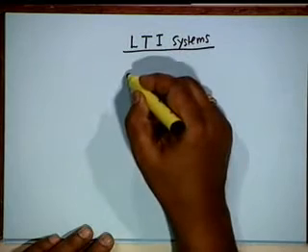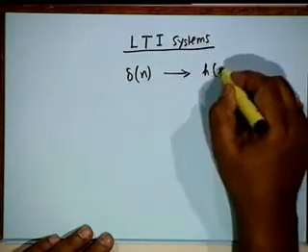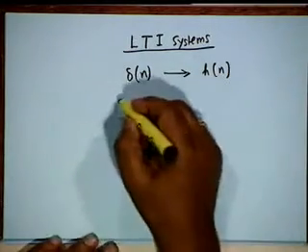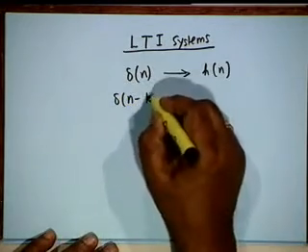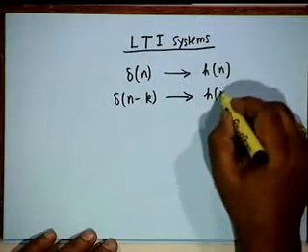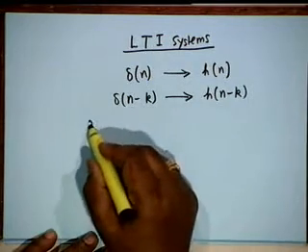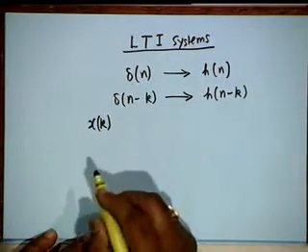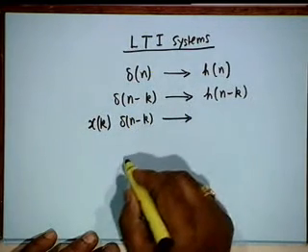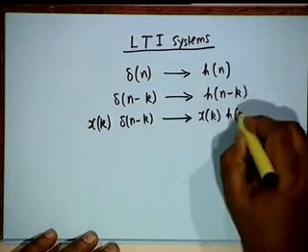You see, if the system has an impulse response h of n, that is if delta n leads to h of n, then delta of n minus k, because of time invariance, shall lead to h of n minus k. And if I multiply this by x of k, a constant, delta n minus k, then the output should be multiplied by the same constant, that is x of k h of n minus k.